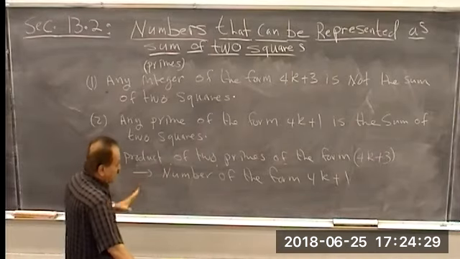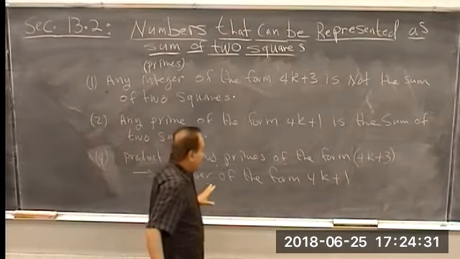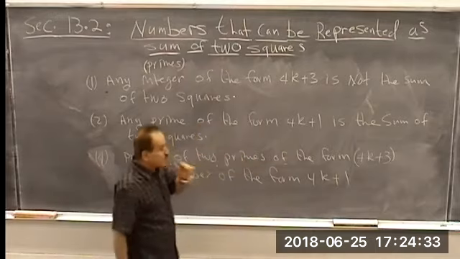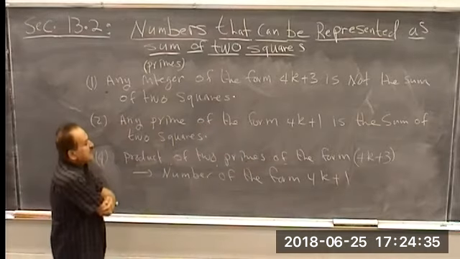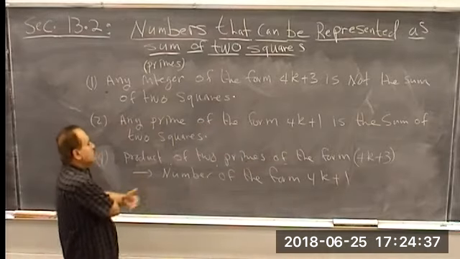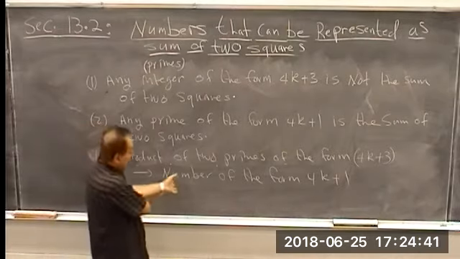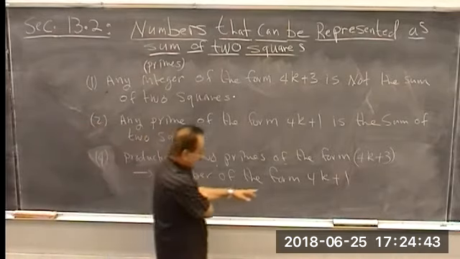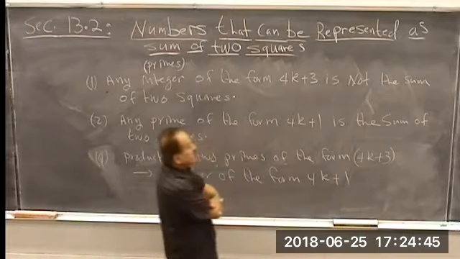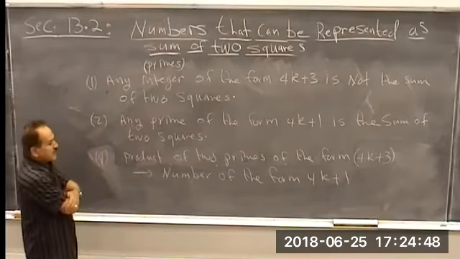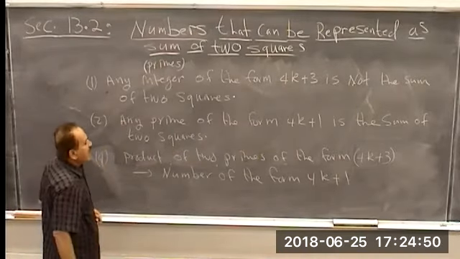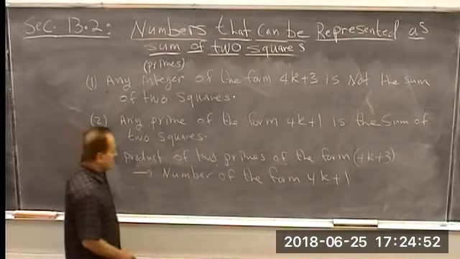Here's a sticky situation because I know that the primes of the form 4k plus 3, individually, are not sums of 2 squares, but when I multiply them, I come up with a number of a different form. The question is, is this going to be a sum of 2 squares? And it turns out, yes, there will be.